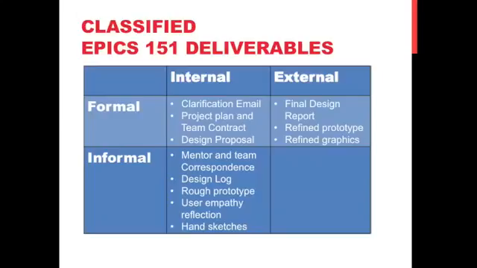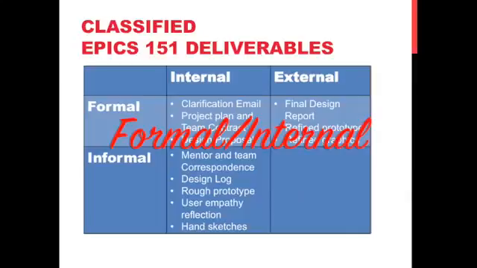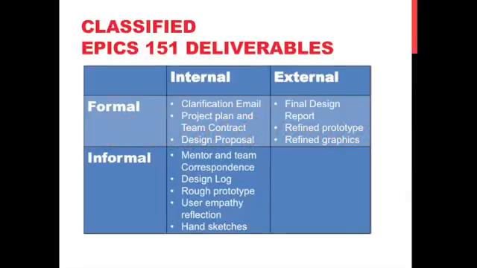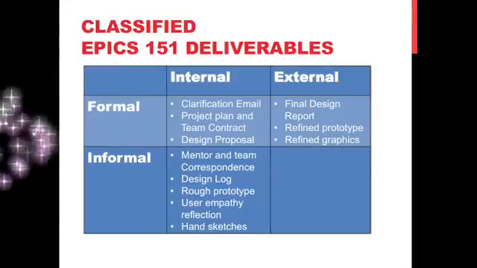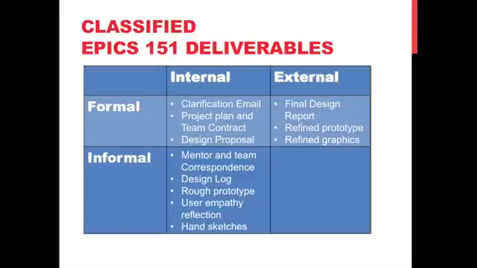Okay, so here's how those go together in this class. This is a chart where you can see you have formal internal documents: the clarification email, the project plan and team contract, and your design proposal. The informal internal communication is correspondence with us, your mentors, and within your teams. You have a design log going the entire semester.